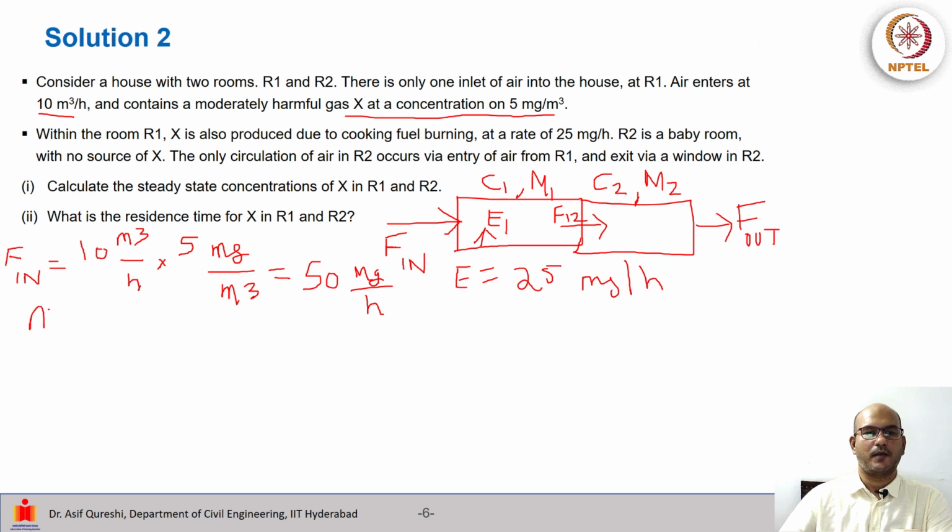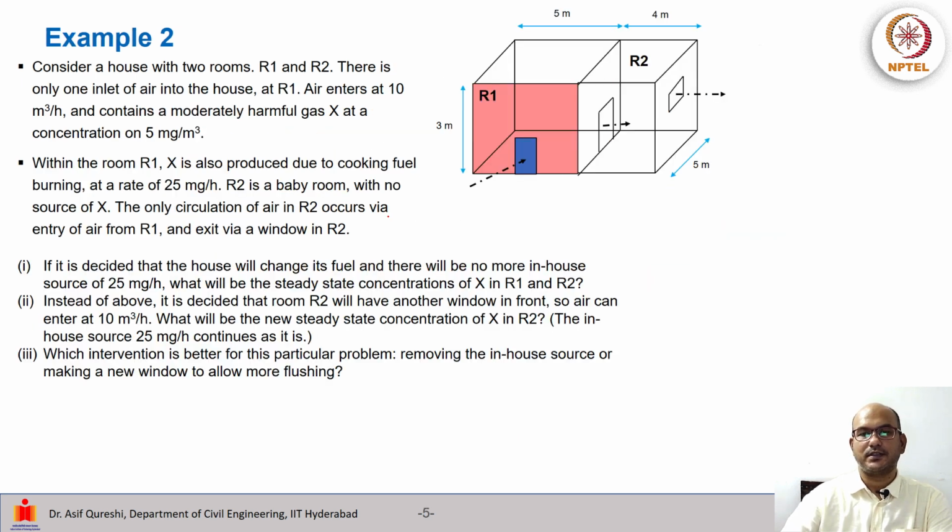Okay. M1 can be written as V1 C1, and V1 is equal to, if we see the room dimensions, 3 multiplied by 5 multiplied by 5.